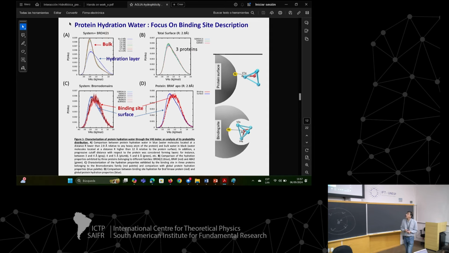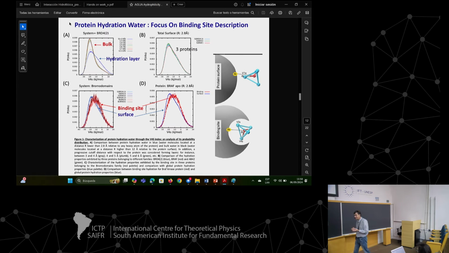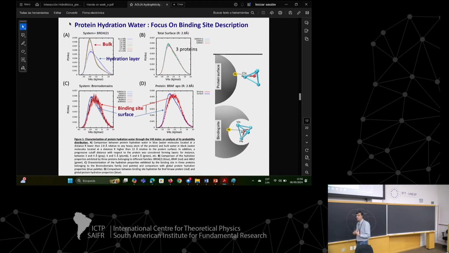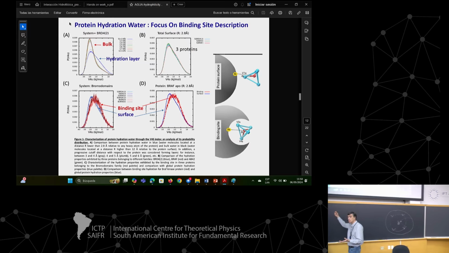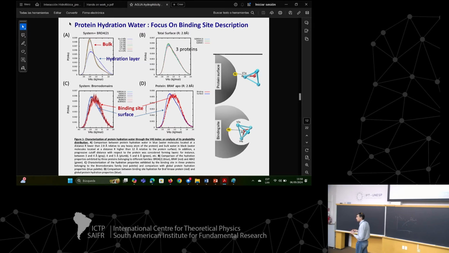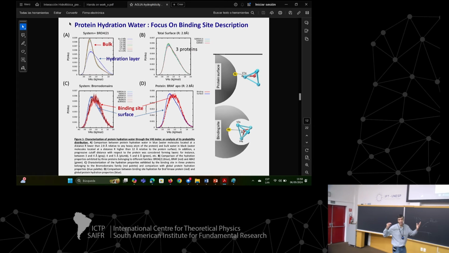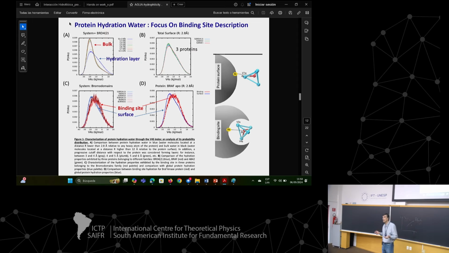But when you have a binding site, for example, you expect that this site is going to be more hydrophobic, since if you have a ligand that is going to interact, it's good to have dehydration, since interactions in a dehydrated environment are strengthened. In some sense, the local dielectric goes down.